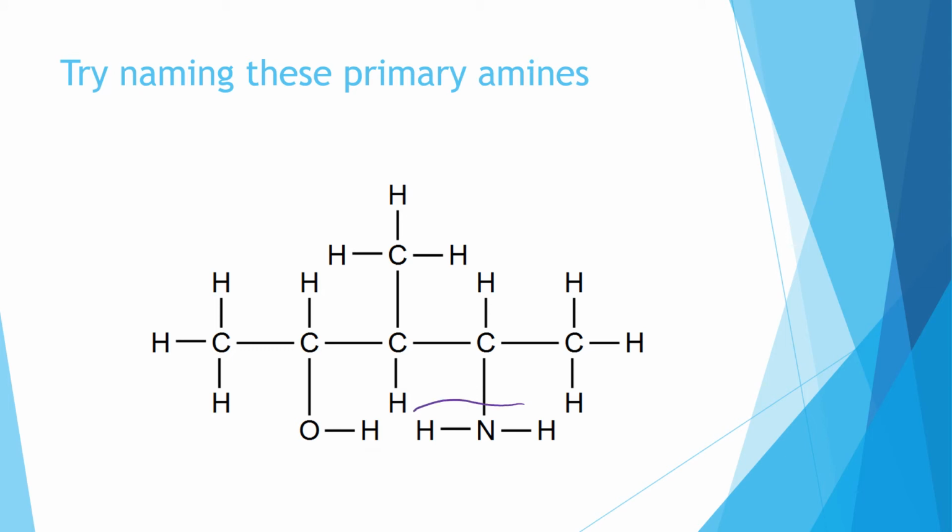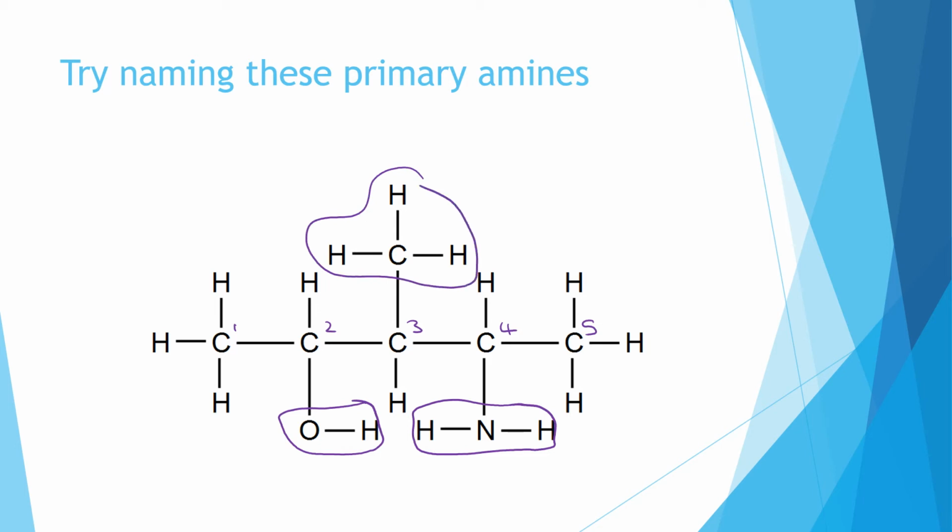Okay, so we have an amine group, an alcohol group, 1, 2, 3, 4, 5. We also have a branch, which is a methyl, because there's 1 carbon in it. So this is pentan-2-ol.